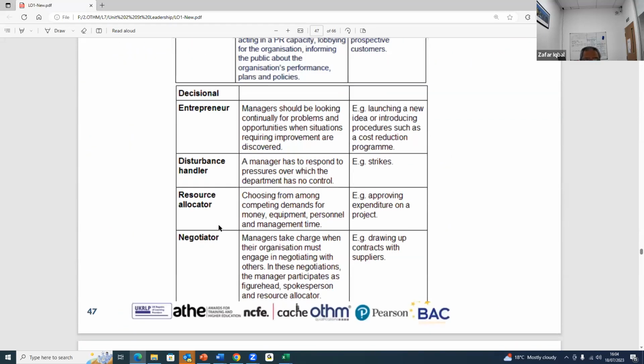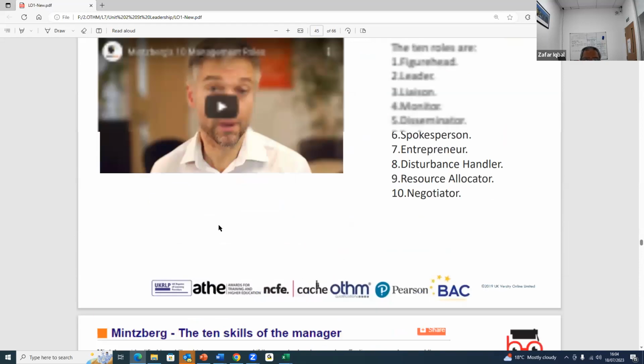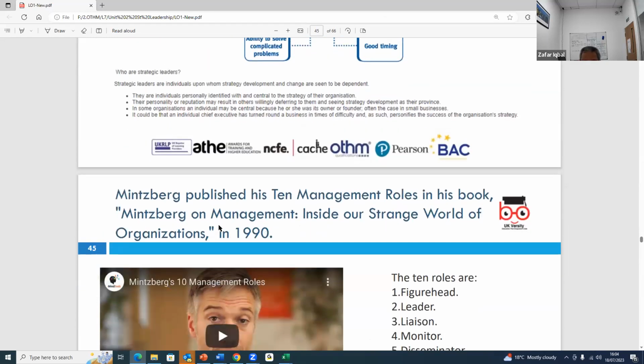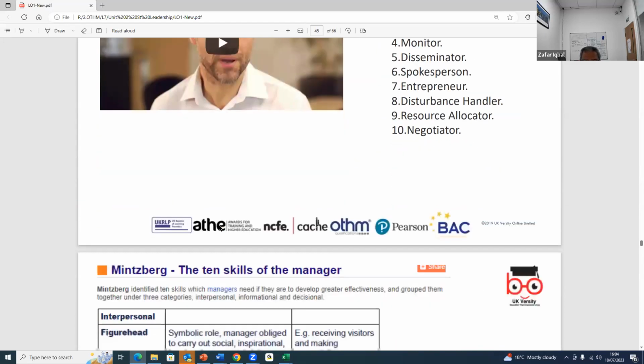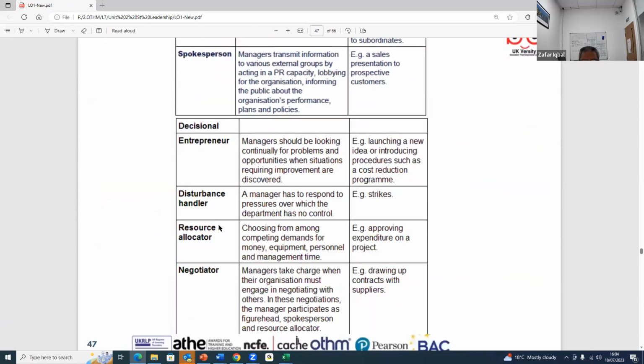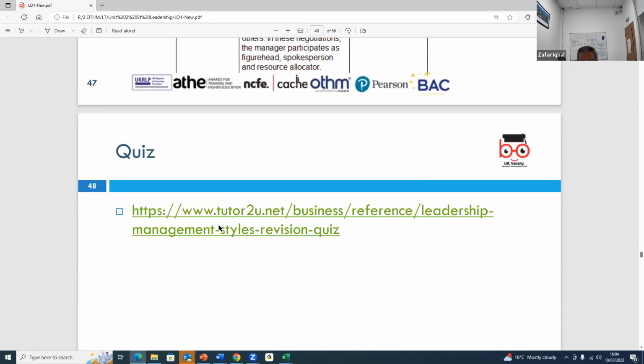Towards the end, we looked at what a leader is, what type of roles a leader or a manager has, and you looked at Mintzberg and the skills of the manager. You can look at them when you have the time.